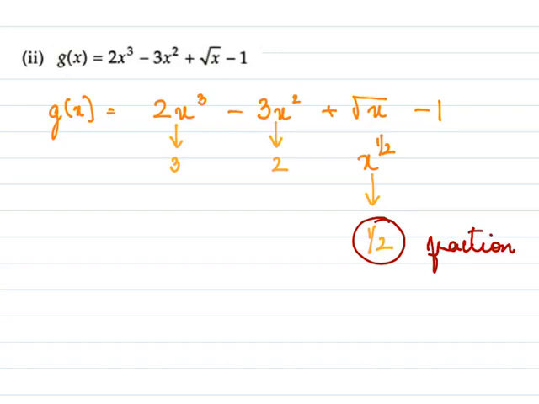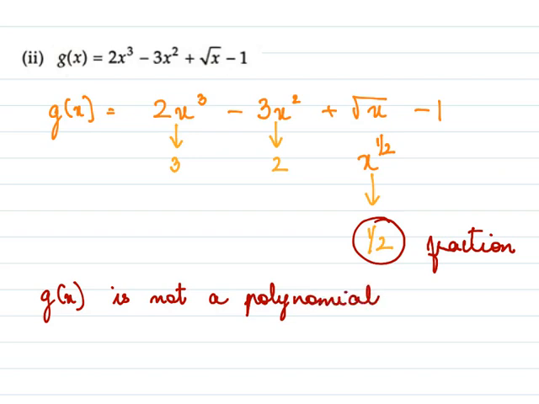Since the power is a fraction, it is not a polynomial, so g of x is not a polynomial because one of the terms had a fractional power.